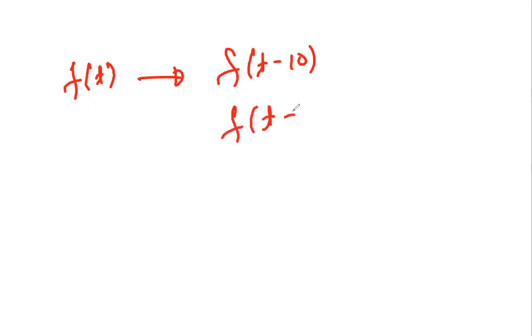You have unknown signal FT, it can be shifted for 10 seconds in the positive direction or 10 seconds in the negative direction. In both cases, the magnitude response remains the same for all the frequency components because you are not changing the frequency components.